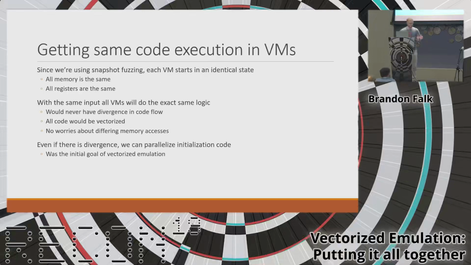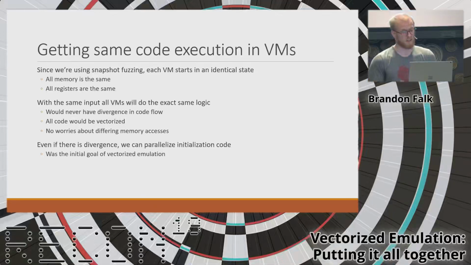So getting the same code execution in all the VMs turned out to be pretty simple. Since we already started with snapshot fuzzing, we were able to just load up the same register states. Since everything's already deterministic, all the state has already been computed and is in the snapshot. Theoretically, if you don't modify the input, they will indefinitely do the same thing if you just let them execute. So that was actually pretty simple.